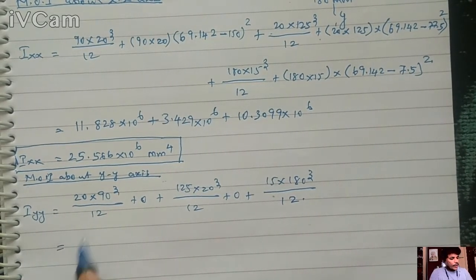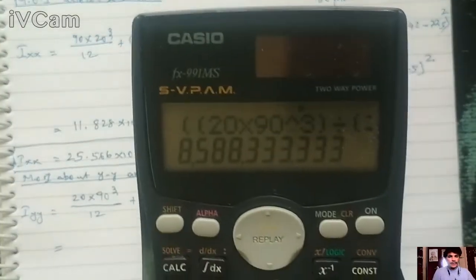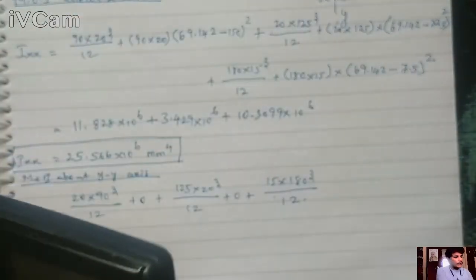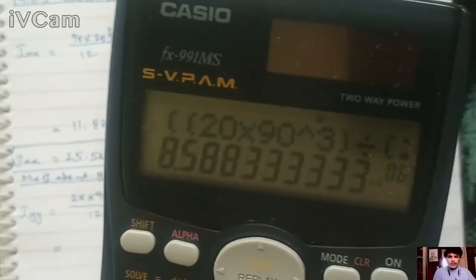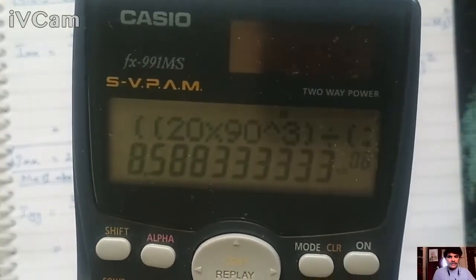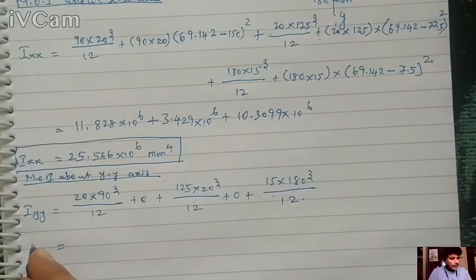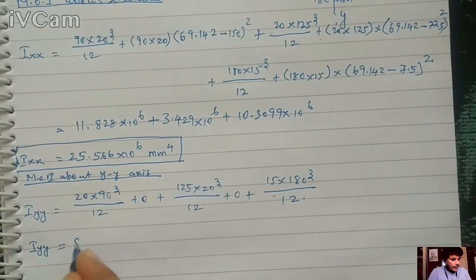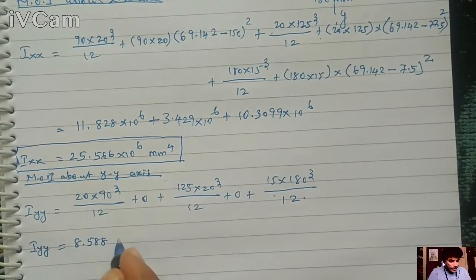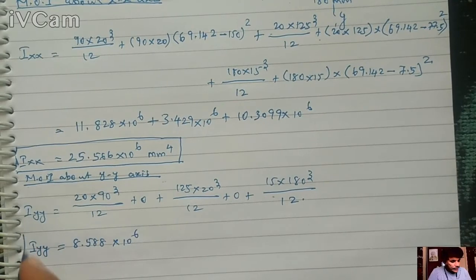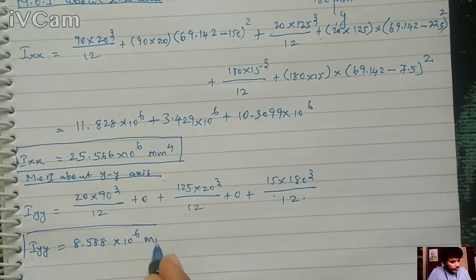So the Iyy value is 8.588 into 10 power 6. Iyy is equal to 8.588 into 10 power 6 mm power 4.